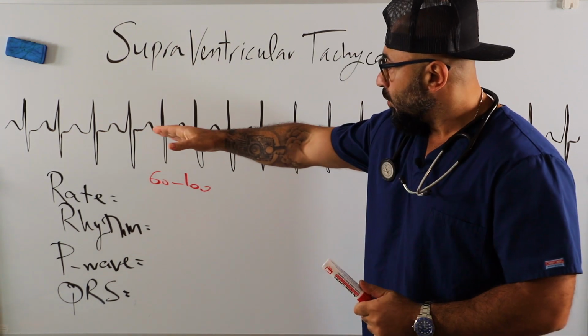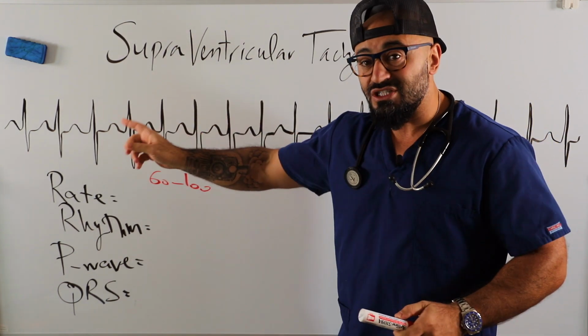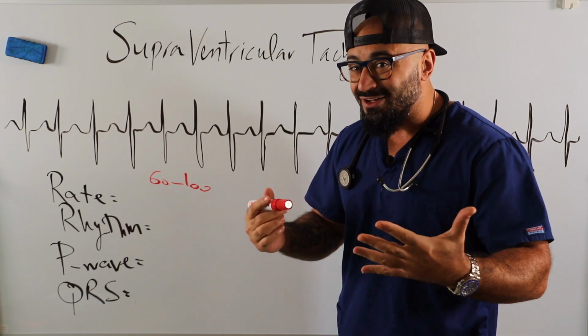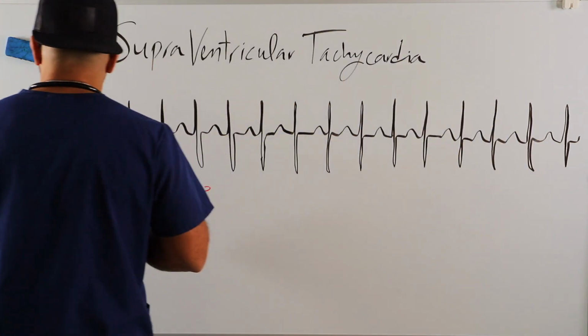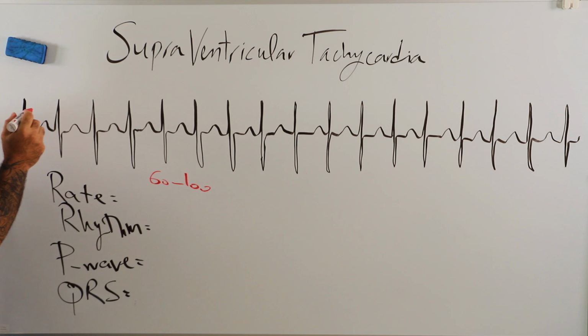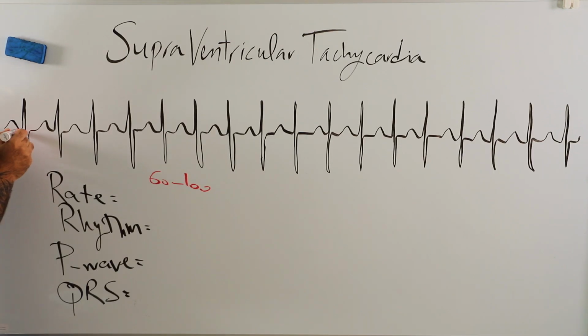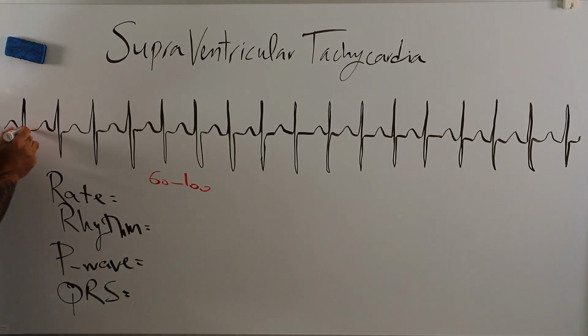All right, now we want to know what's the heart rate on this rhythm. To calculate the rate, you need to count how many QRSs you have, right? So this is the QRS. It starts from here, boom, boom, boom, until here, right? Now, I'm gonna count R waves.